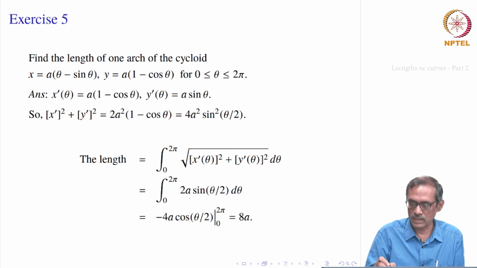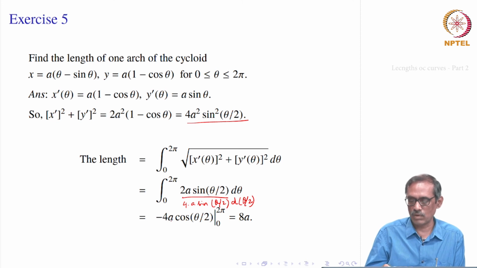So, we plug in and its square root is 2a sin theta by 2 d theta. So, here we multiply by 2. So, that becomes 4a sin theta by 2 d theta by 2, right. So, its integral will be minus 4a cos theta by 2, and theta varies from 0 to 2 pi.